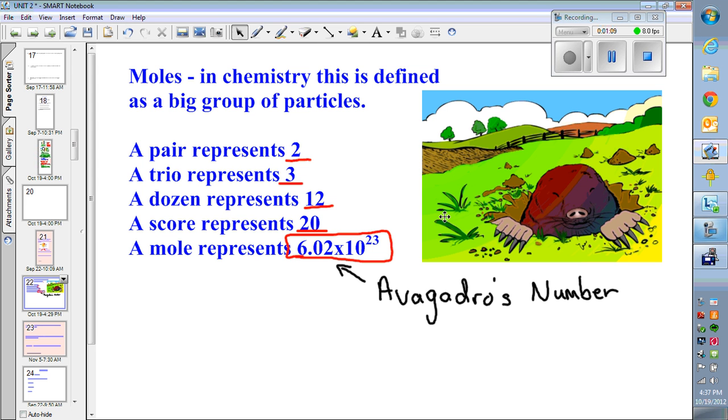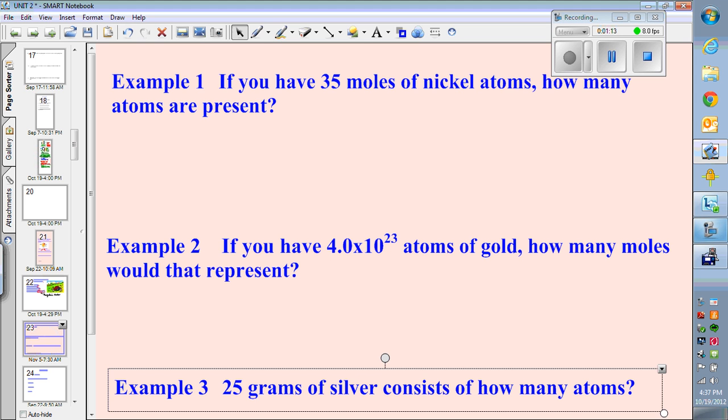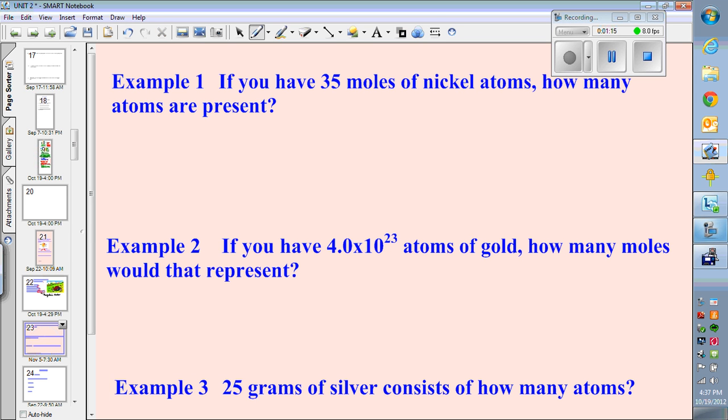So let's look at a few examples and see how this is going to rear its ugly head at us. So if we have an example of if you had 35 moles of nickel atoms, how many atoms would you actually have? So the math is not that tricky.